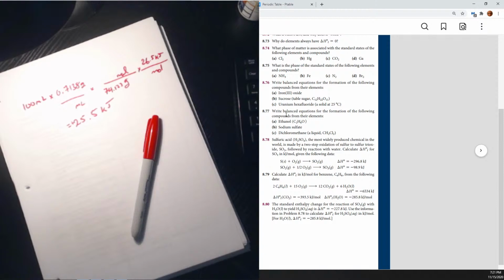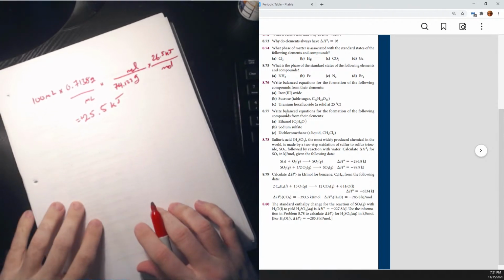Aluminum metal reacts with chlorine with a spectacular display of sparks. How much heat in kilojoules is released on reaction of 5 grams of aluminum? All right. So we have our balanced reaction.